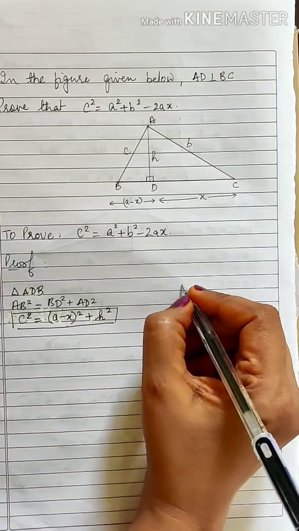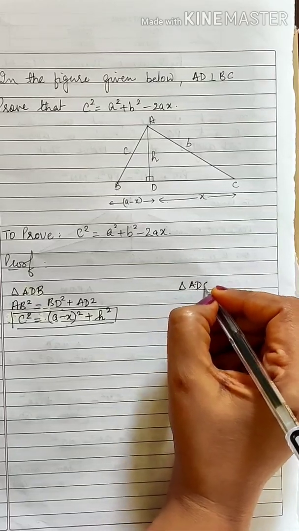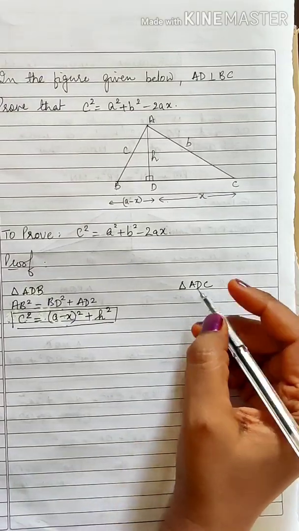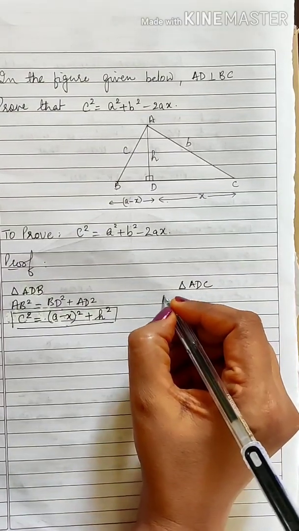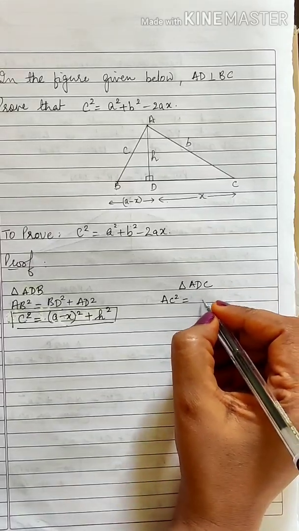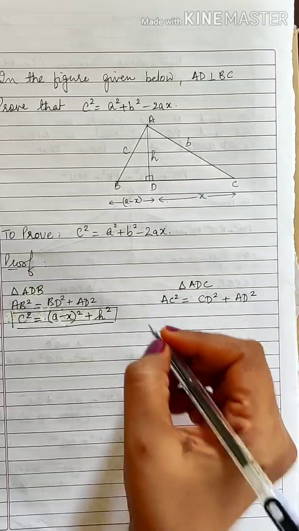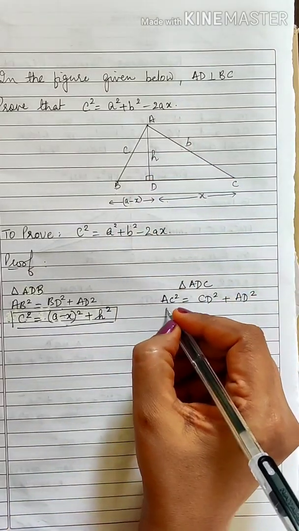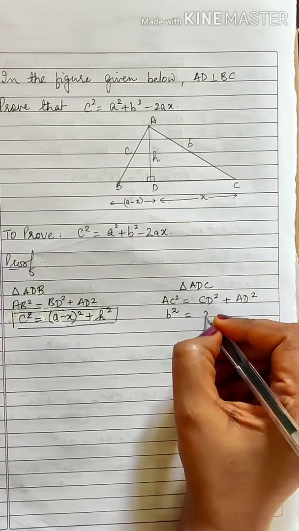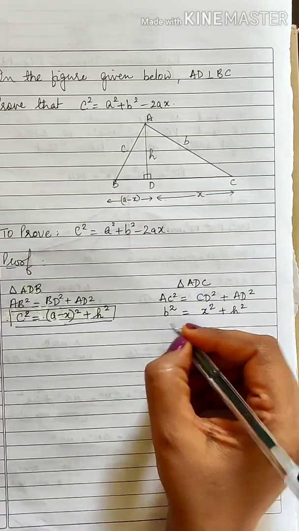Now moving on to the next right angle triangle, triangle ADC. When you apply Pythagoras theorem for triangle ADC, you get AC square is equal to CD square plus AD square. So what is your AC? AC is B, so you get B square is equal to X square plus H square.